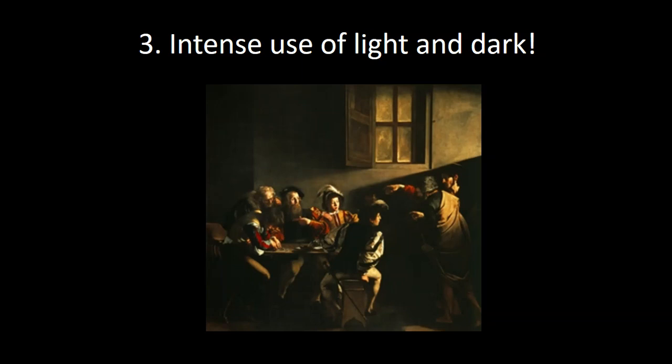This was not a normal style that they were used to seeing. That's why this is Baroque. It seems pretty normal to us, but what was different about it was the dramatic contrast between shadow and light.